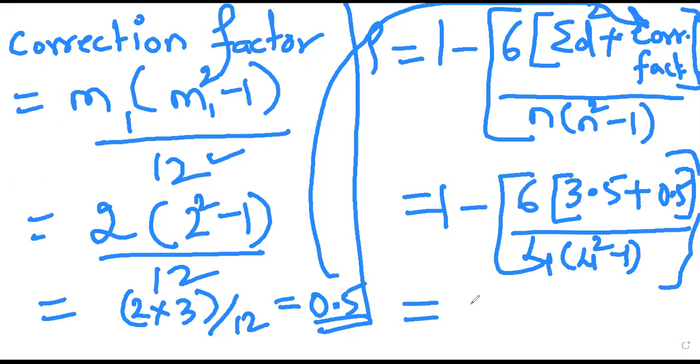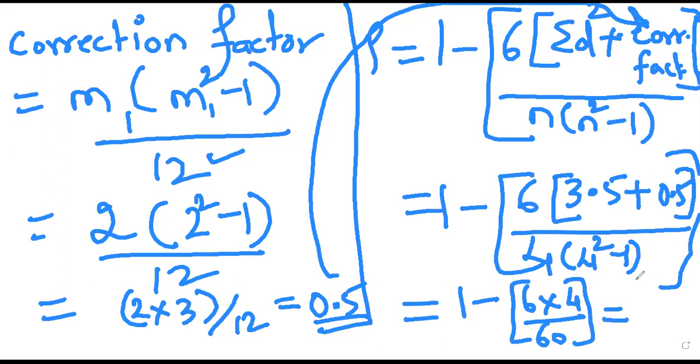Can anyone simplify this and give me the answer? 4 divided by 60... 0.6, and the sign is positive.